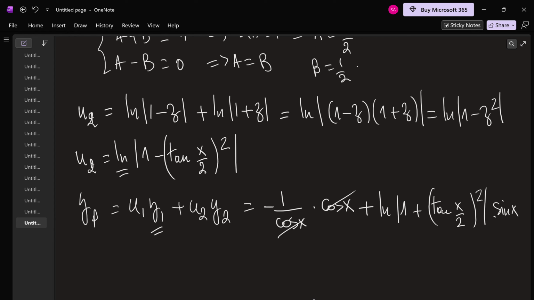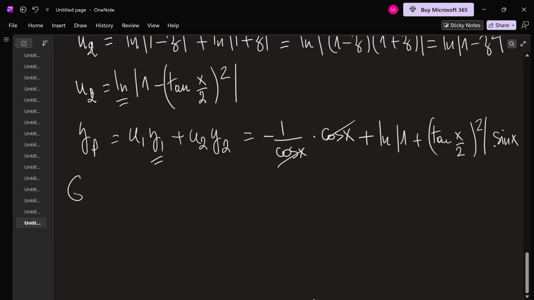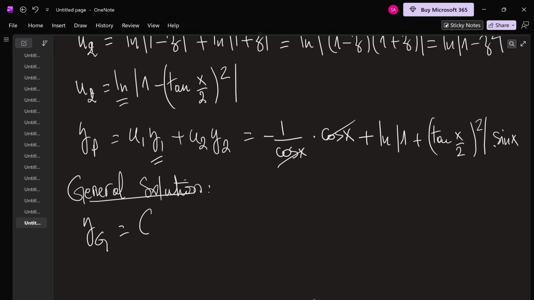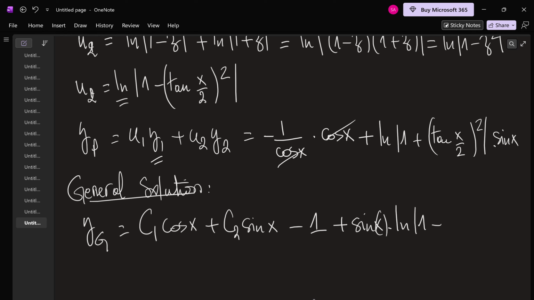So you simplify, you will get the final answer. The general solution would be yg is equal to c1 cos x plus c2 sine x, and here we have minus 1 plus sine x times ln 1 plus tangent x over 2 all squared.